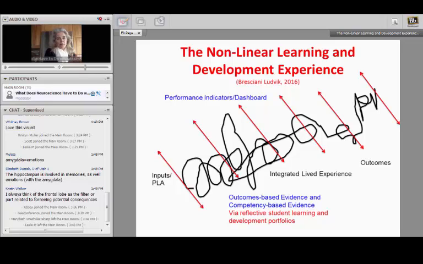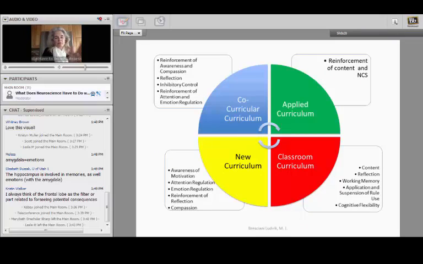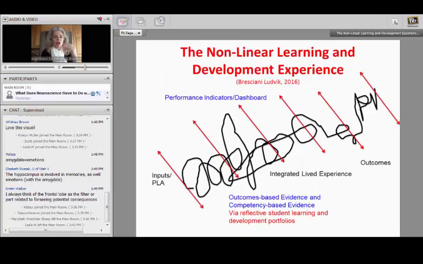So the idea is that even if the degree acquisition part of the learning and development journey is still linear, take this course, then take this course, or take this set of courses, and then take this set of courses, we can look at how we're designing the student success experience to say these very important non-cognitive skills, cultivating reflection and awareness and attention and emotional regulation, we can build in the opportunities very systematically, again, for students to cultivate those.